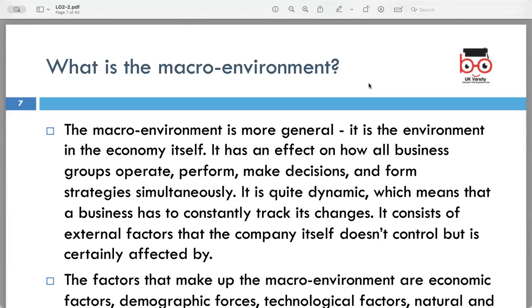It is made up of external circumstances over which the corporation has no control, but which unquestionably have an impact on the businesses. Economic influence, demographic forces, technological factors, environmental and physical forces, political and legal forces, social and cultural forces, and technological forces are the components that comprise the macroenvironment.